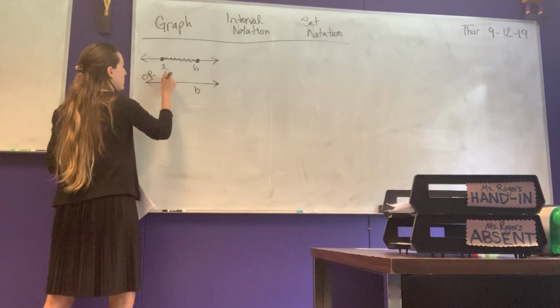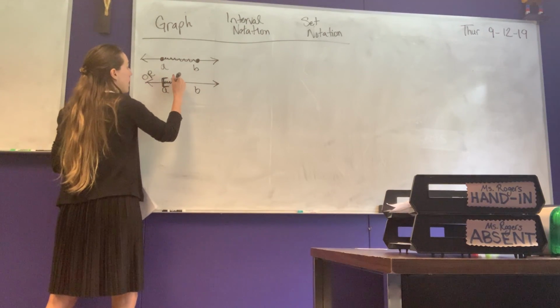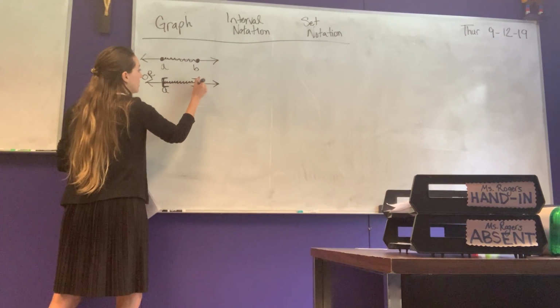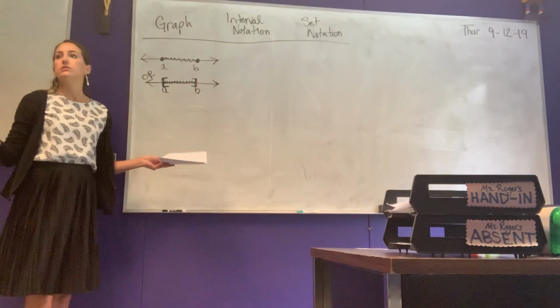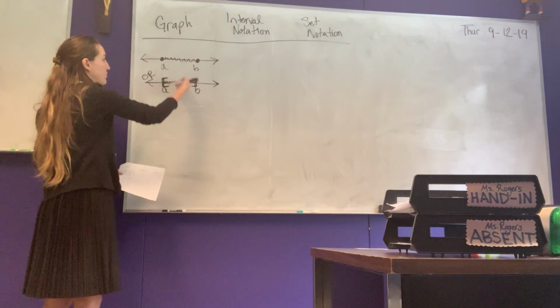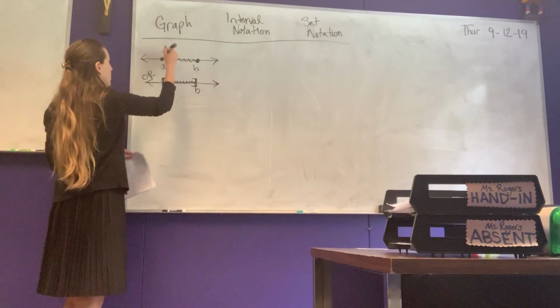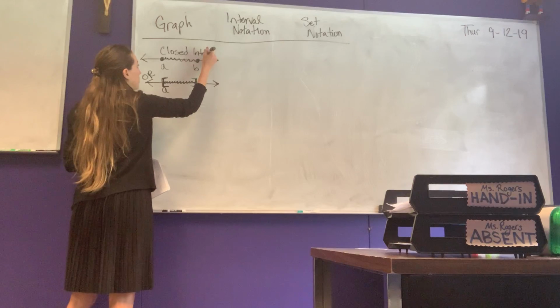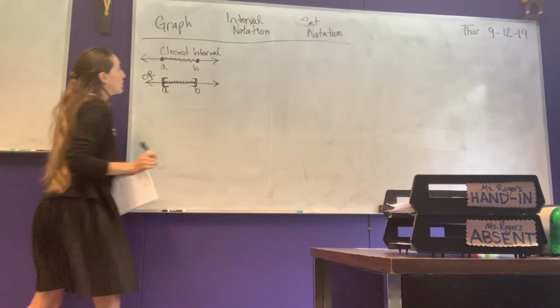So we're gonna provide ourselves both examples because sometimes, on standardized tests like SAT, ACT, they'll just pick one. And you need to know both ways. You need to be able to recognize both ways that this very same thing can be represented. So these are both a closed interval example.